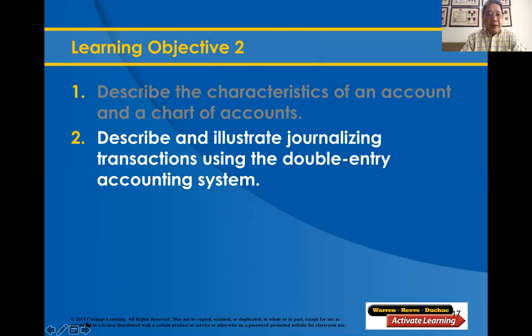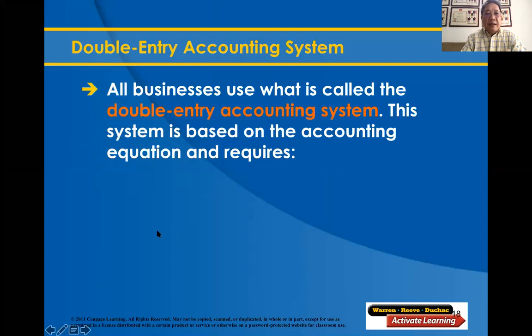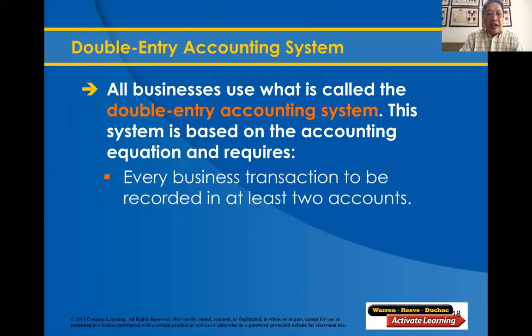Ito na yan, in debit credit. All businesses use what is called the double entry accounting system. This system is based on the accounting equation and requires every business transaction to be recorded in at least 2 accounts. Yung pinag-aralan natin sa chapter 1, if you will notice, dalawa rin na naapektuhan.